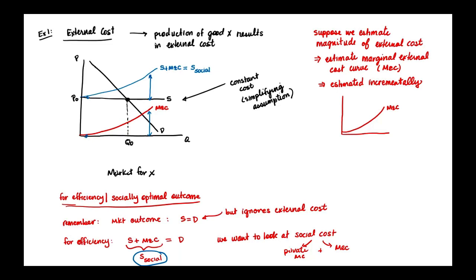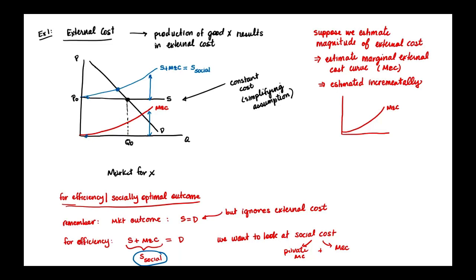And it captures the spillover cost because I added in the marginal external cost. Everybody with me? So does everyone understand how we got that blue social supply curve? We started with the supply curve and we shifted up by the amount of the marginal external cost curve.